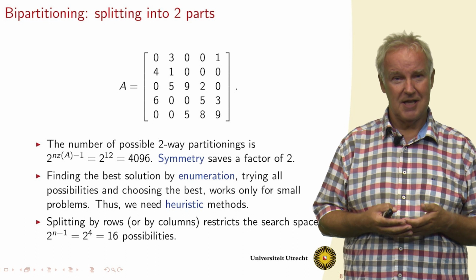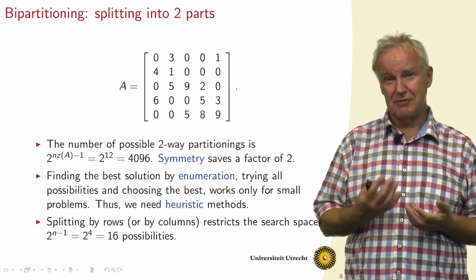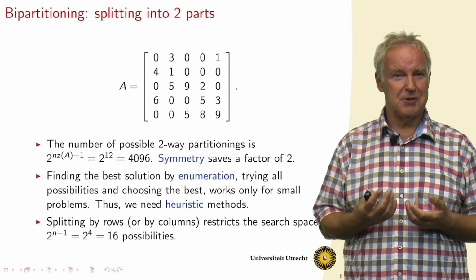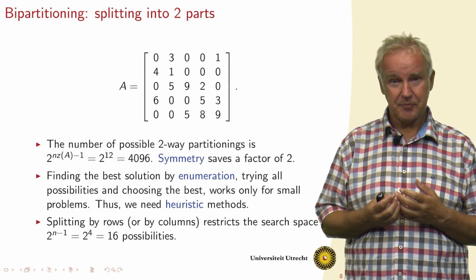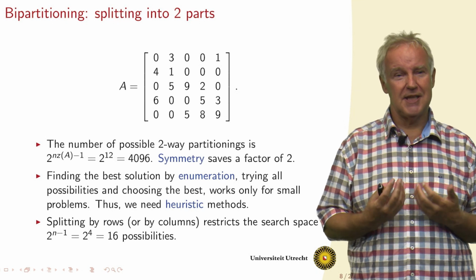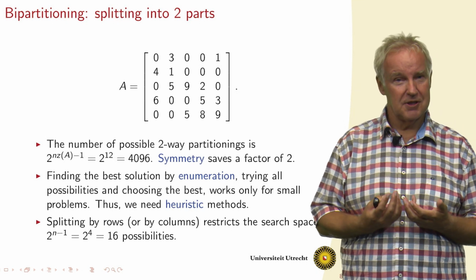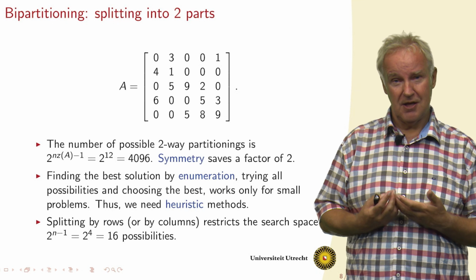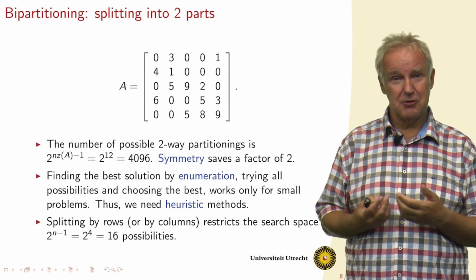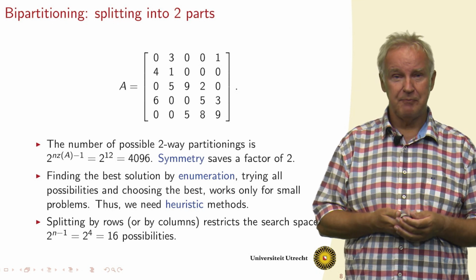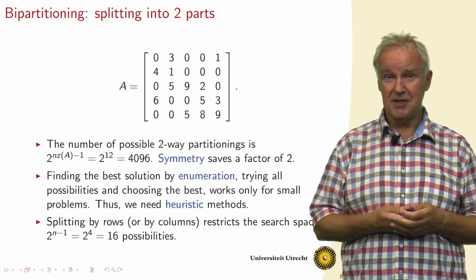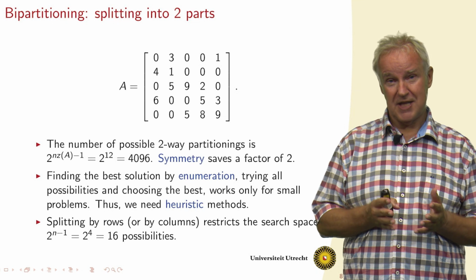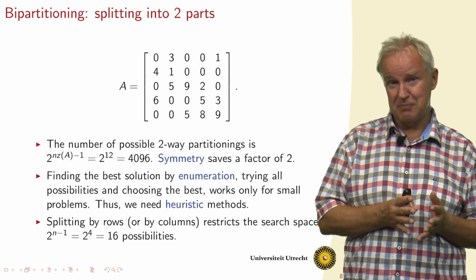That's a lot. And trying all of these possibilities, we could only do that for a very limited matrix size. So we need heuristics. We need ways of finding good distributions, hopefully close to the optimal, maybe not optimal. And if we do that, we could try, for example, to split by column, to assign a number of columns to the same processor.